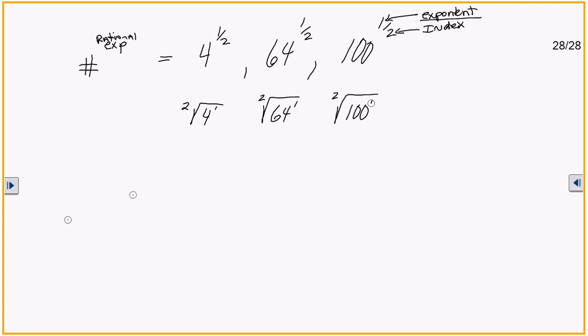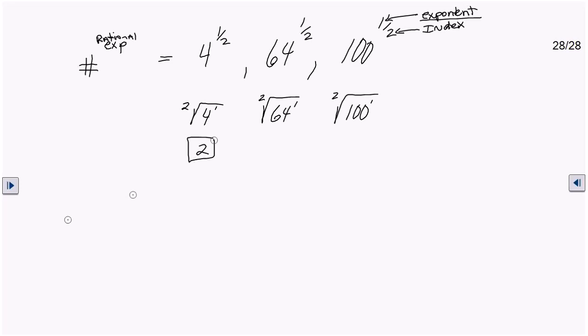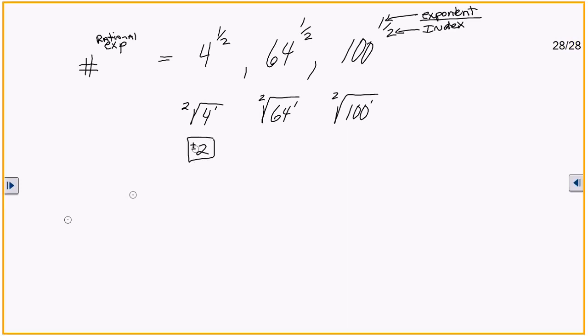And of course, that's 2, positive or negative 2, positive or negative 8, and positive or negative 10. So if you ever see a number raised to a rational exponent, which is a 50-cent word for a fraction exponent, an exponent written as a fraction, then you're going to be taking the indexed root of that number.